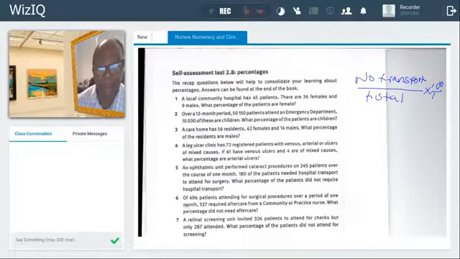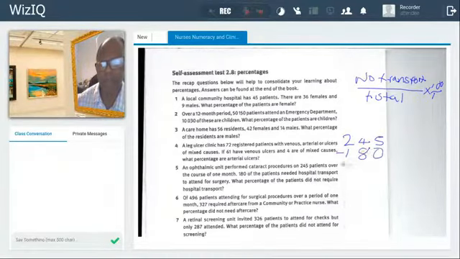Okay, so we need to find those who didn't require transport. 180 of them needed the transport, so we need to subtract. 245 take away 180. 5 take away 0 is 5. 4 take away 8 is not possible because it's smaller, so we pull 1 from here.